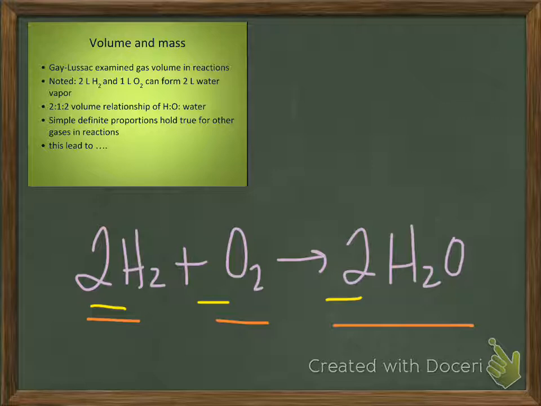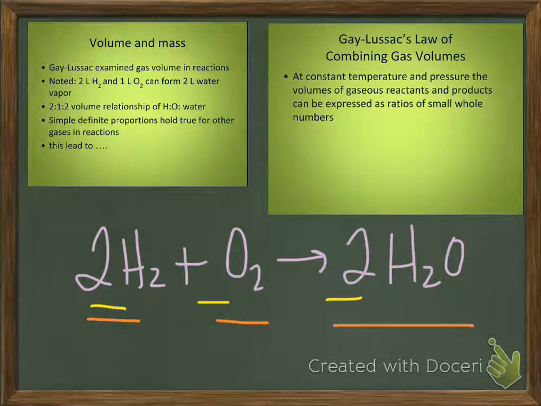What this led him to conclude was that, at constant temperature and pressure, the volumes of gaseous reactants and products are just the ratios of small whole numbers. And it turns out those ratios are expressed by the coefficients in the balanced chemical equation. This is called Gay-Lussac's law of combining gas volumes.